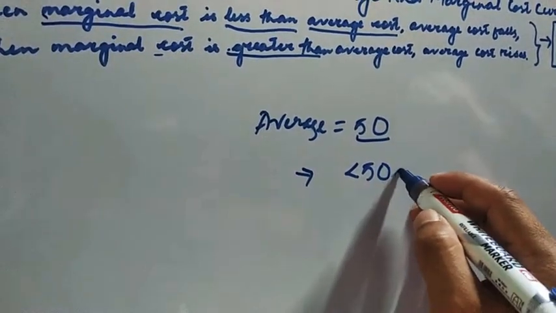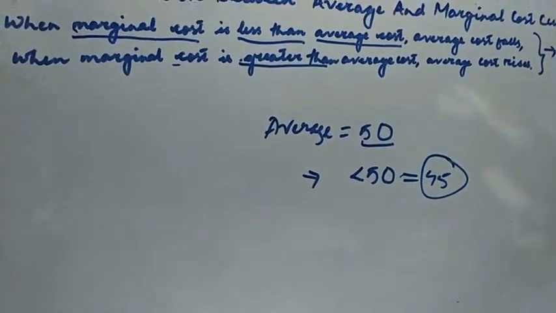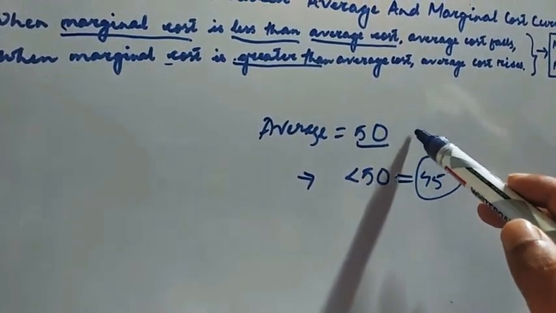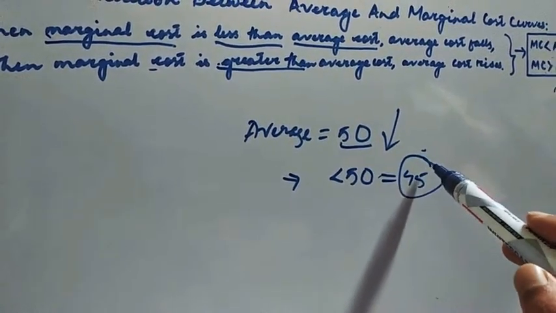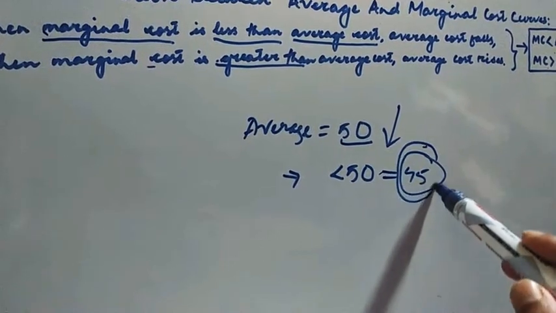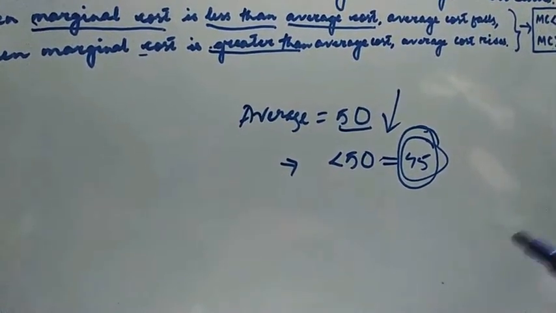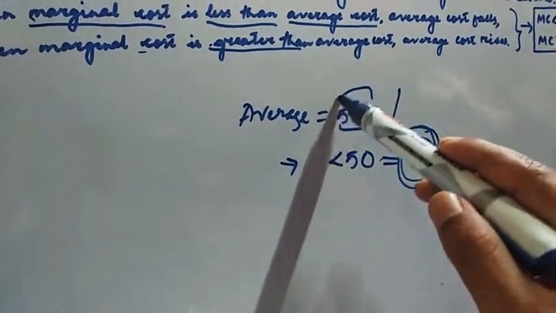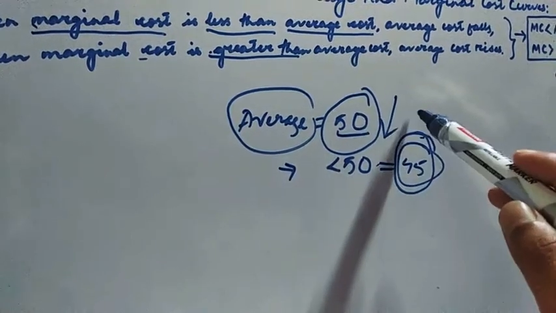Less than 50, let us say 45. What will happen to his average? His average will fall because the next innings, or the addition that he gets, is less than his average. That is why his average will also fall.